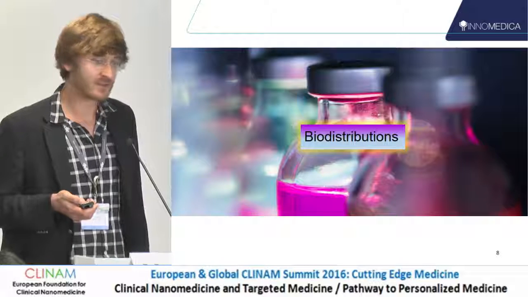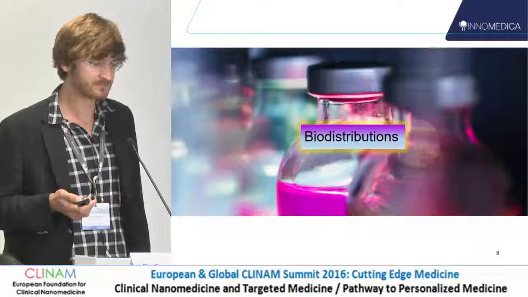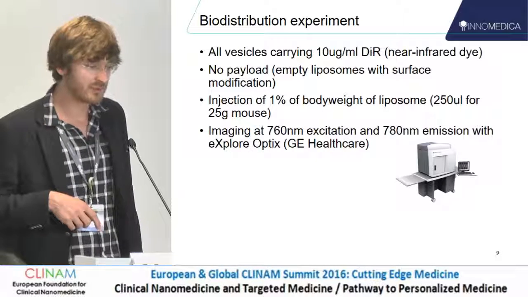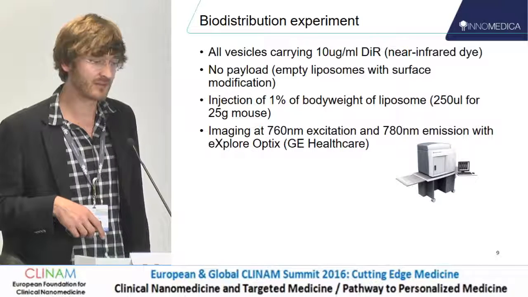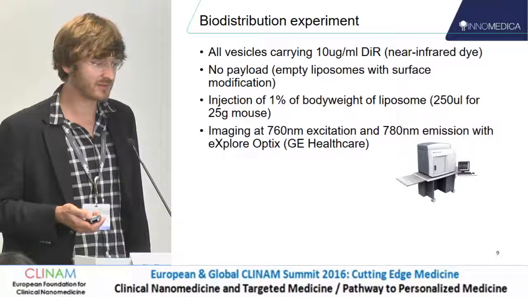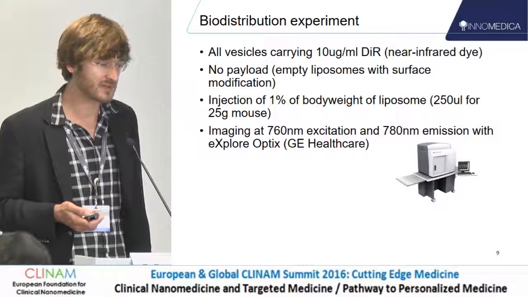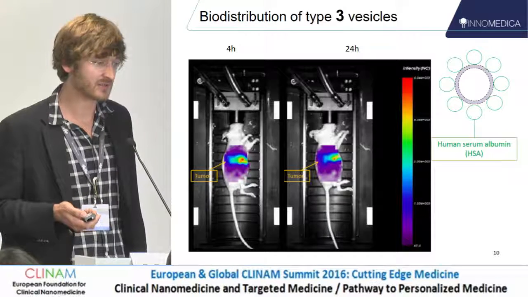So let me show you a couple of biodistributions we have been measuring. For that, we used liposome formulations carrying 10 micrograms per milliliter of near-infrared dye. They did not have any payload, to simplify things, and we injected 250 microliters per mouse, and the excitation emission was in the near-infrared range, of course.